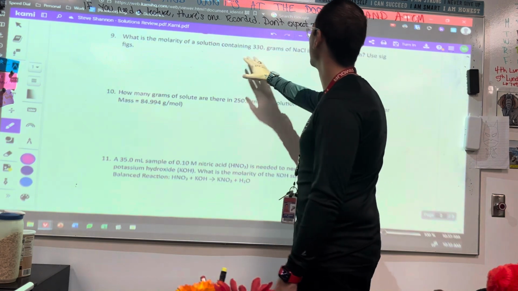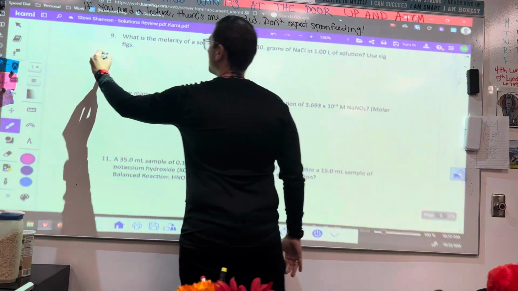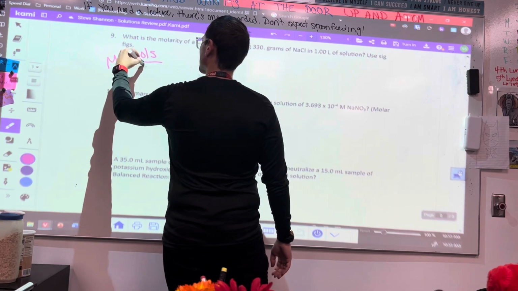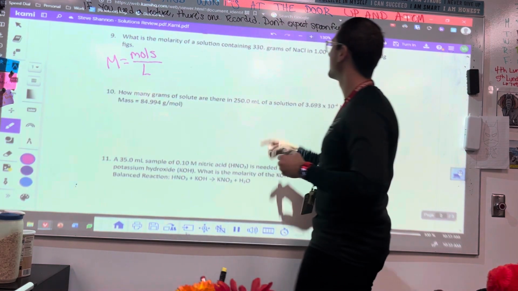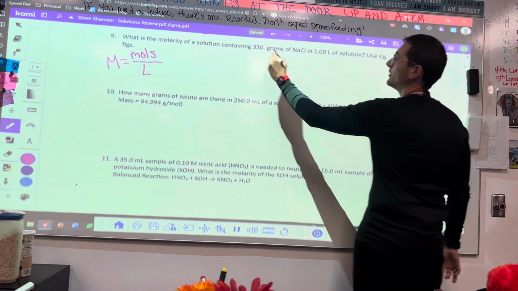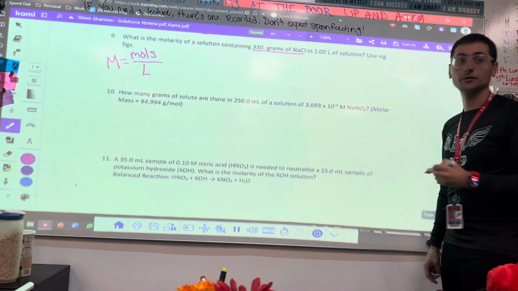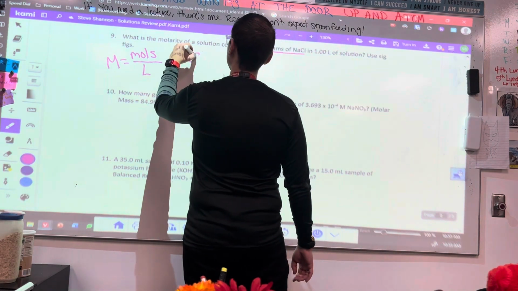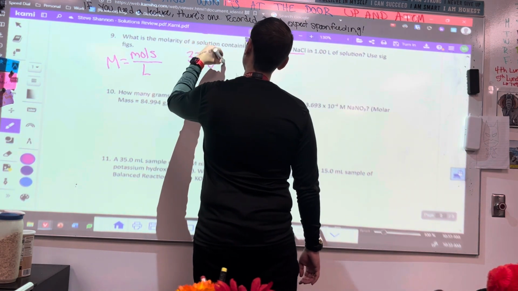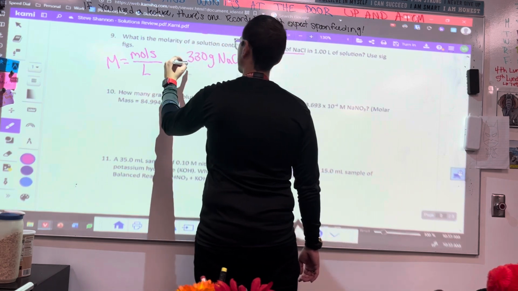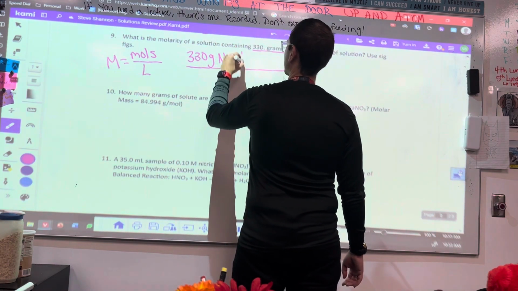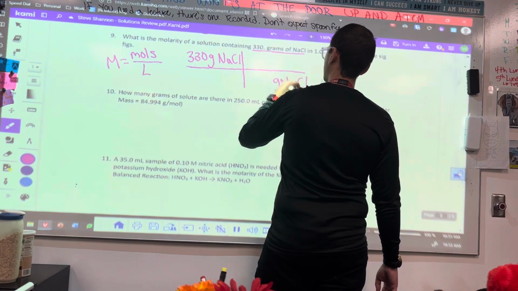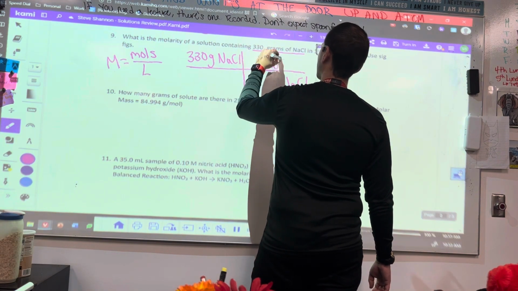So the molarity of a solution, M equals moles over liters. And so if I have 330 grams of NaCl, I need to convert that to moles. So I'm going to do 330 grams NaCl, drag down grams NaCl, and convert it to moles up here.